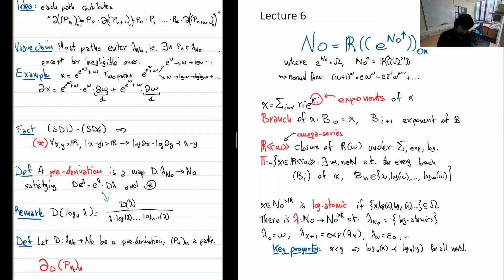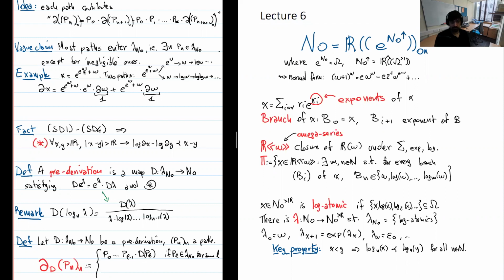And now the definition goes like this. The contribution of this path is P_0 all the way up to P_{L-1} times the pre-derivative of P_L, if P_L is logatomic for some L. So if the path actually becomes logatomic, then I take the product of all the terms up until the path becomes logatomic, and then I use the value of the pre-derivation here and plug it in.